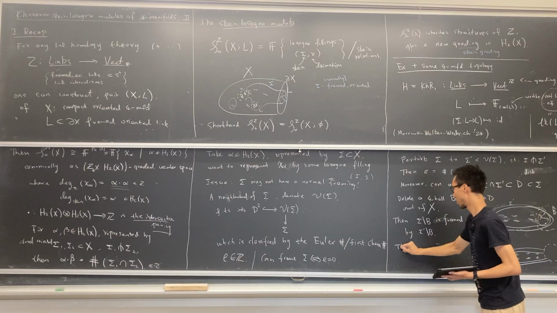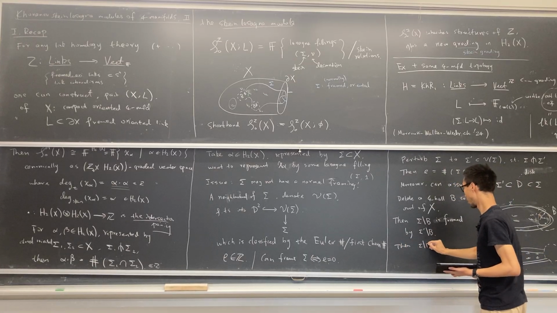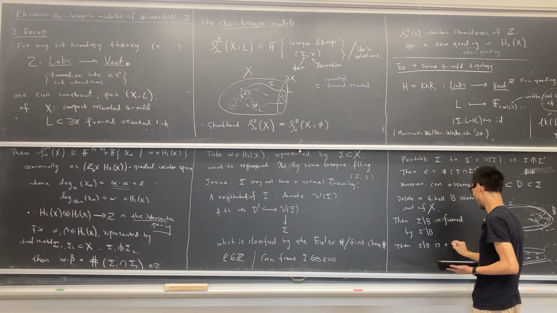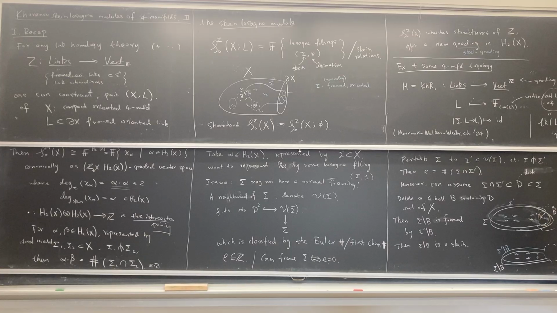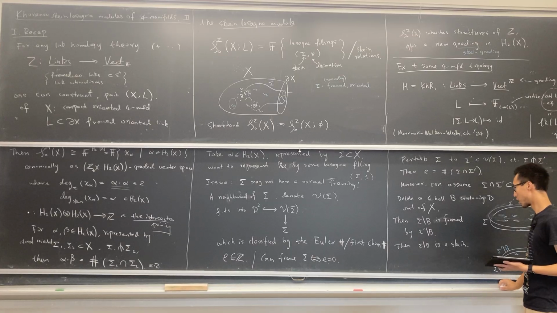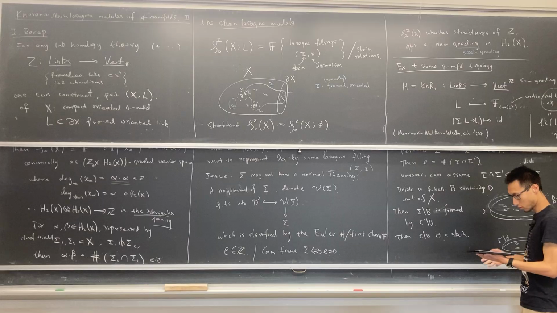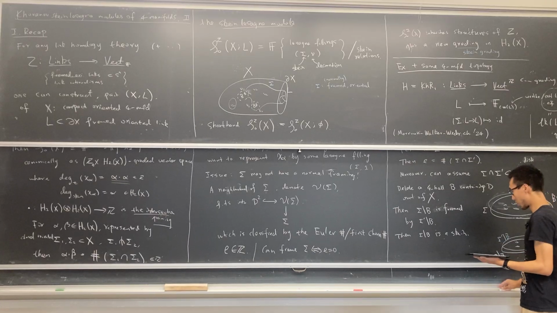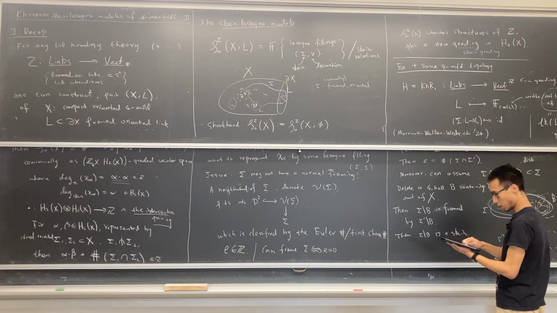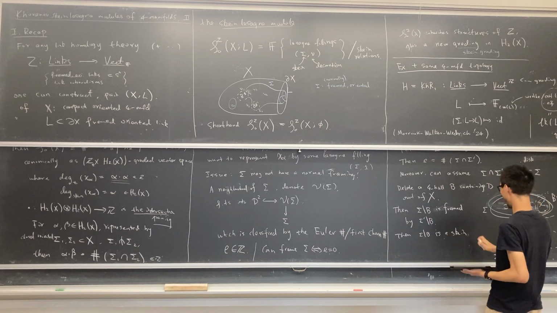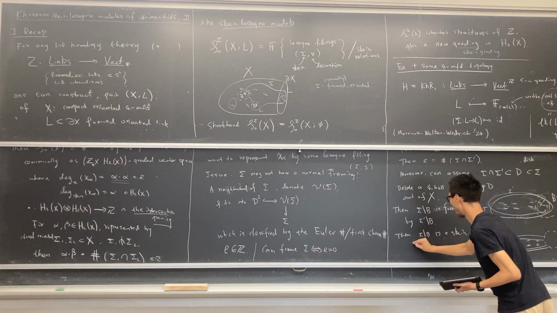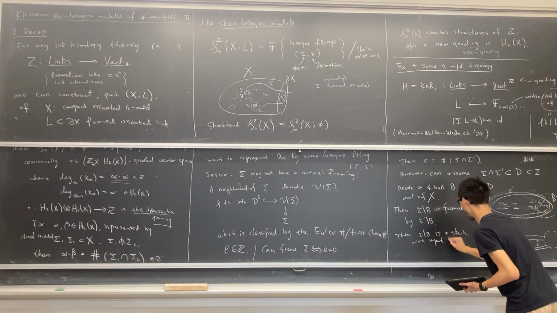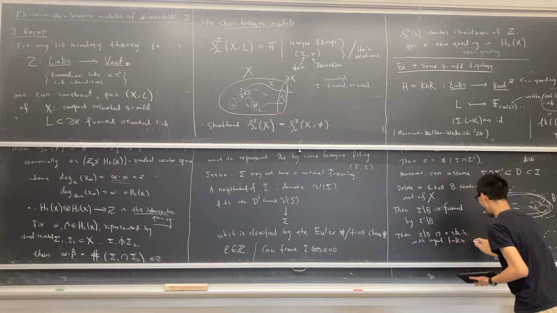Hence, this is a skein, with input link being the unknot.